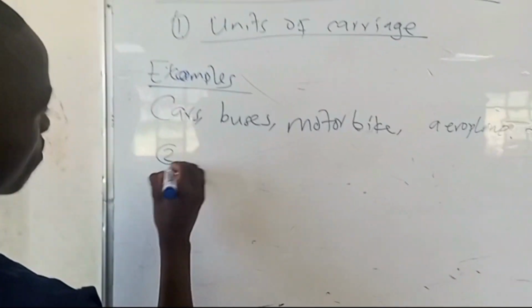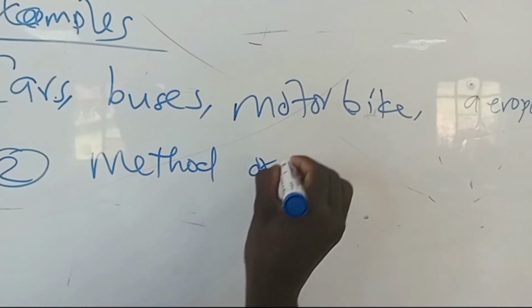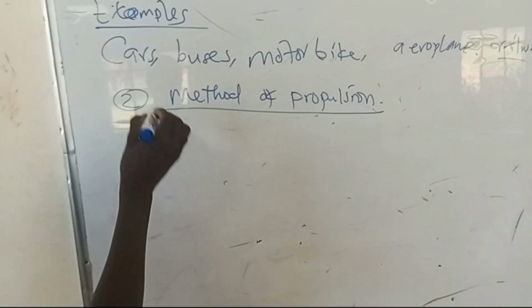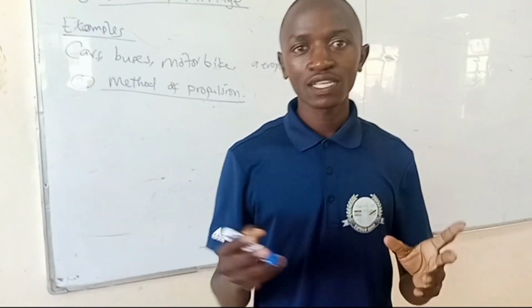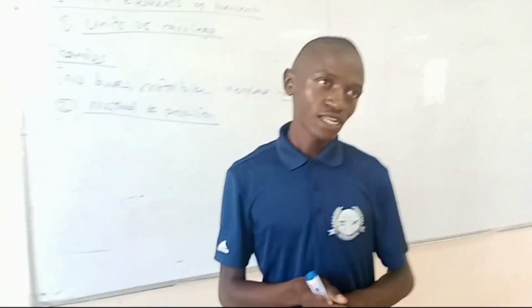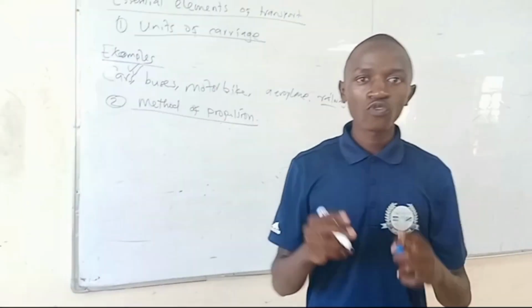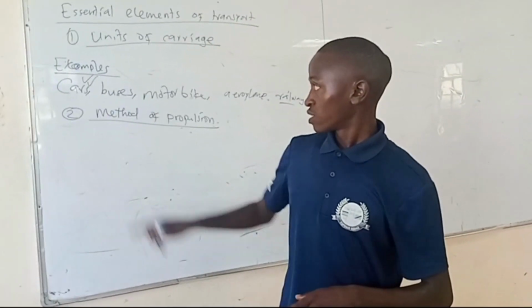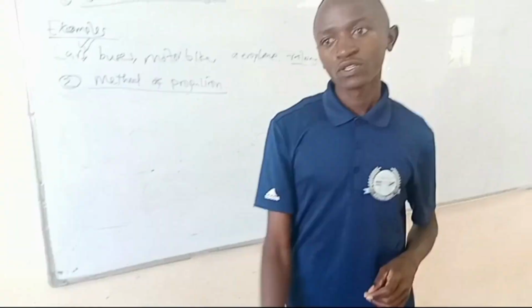On essentials, number two, we have methods of propulsion. On the method of propulsion, we refer to the sources of power for these vessels to move from one place to another. For example, a car cannot move without using fuel, so the source of power for the car will be petroleum products.